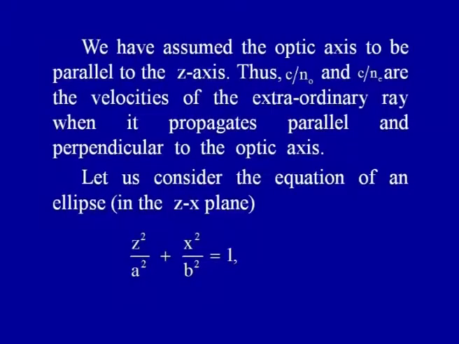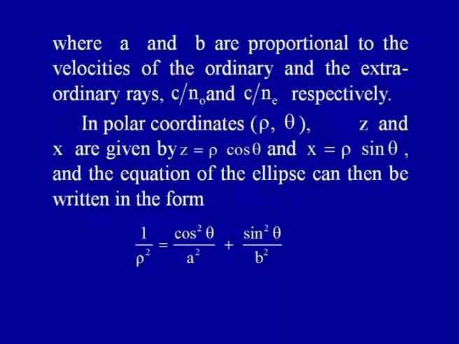Let us consider the equation of an ellipse in the zx plane, z square upon a square plus x square upon b square equal to 1, where a and b are proportional to the velocities of the ordinary and the extraordinary rays, c upon n_O and c upon n_E respectively.